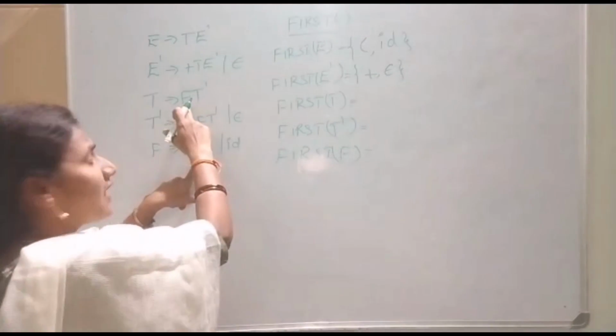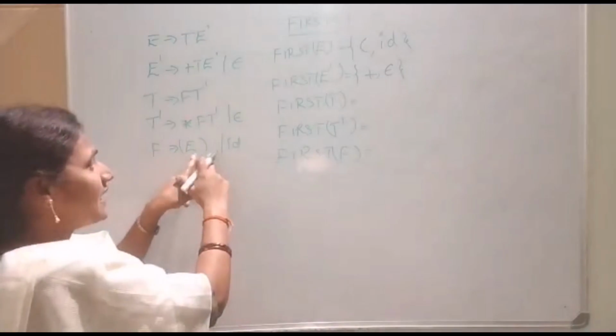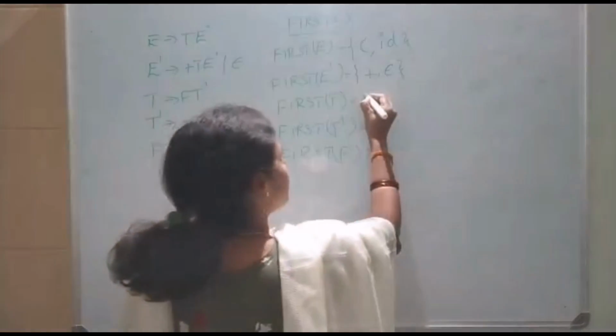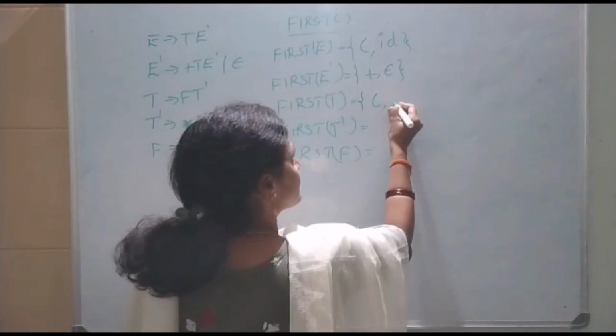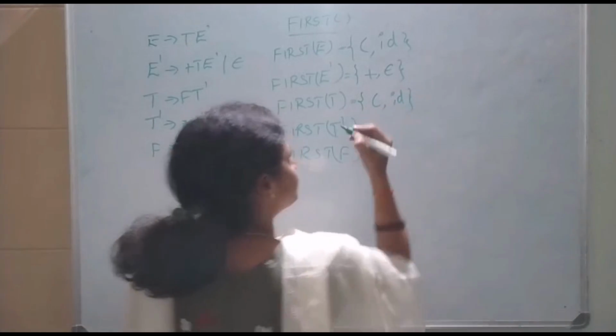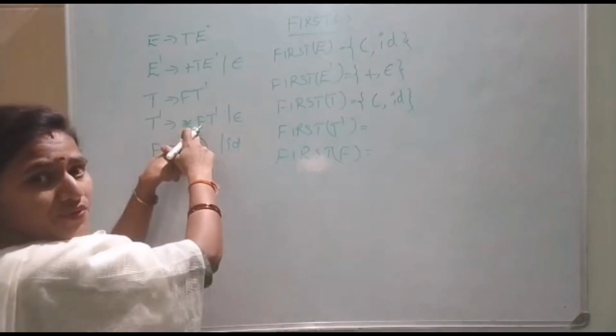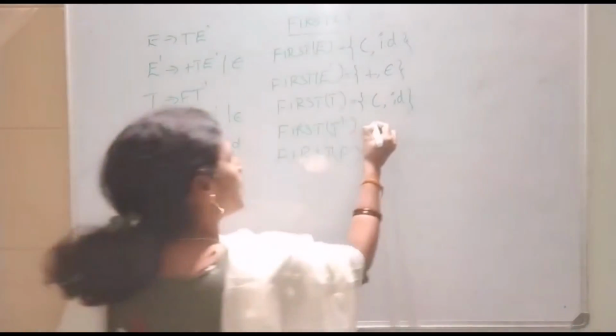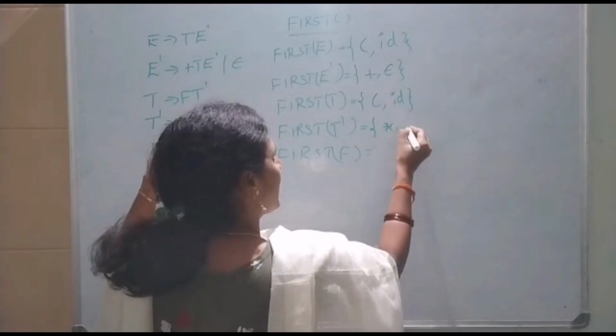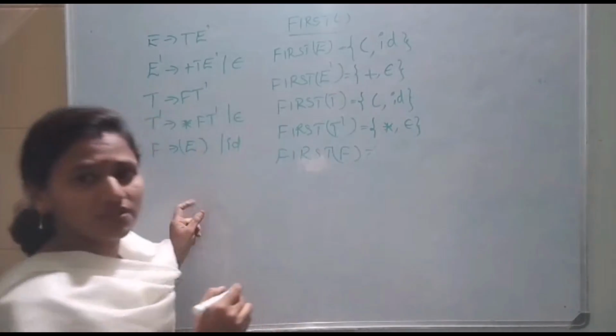If I replace F by (E) and id, I get the terminals left parenthesis and id. Go for T dash. Here T dash starts with a terminal in the RHS. So asterisk is one and epsilon is the other terminal.